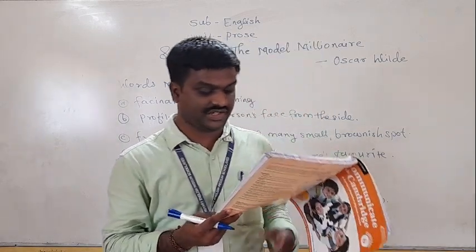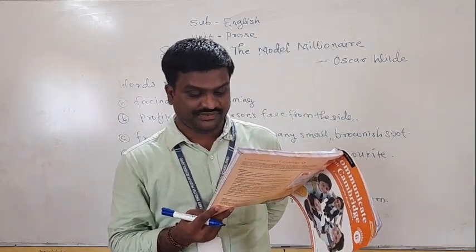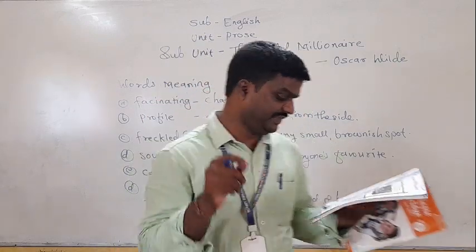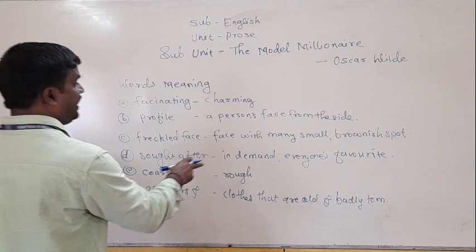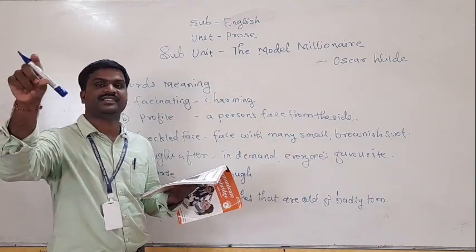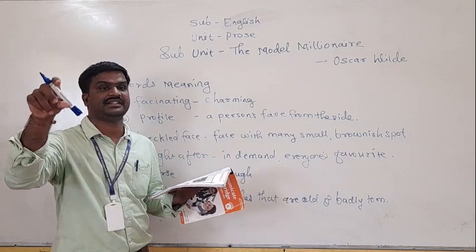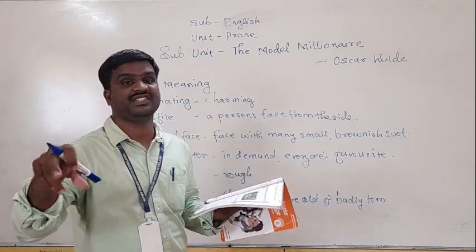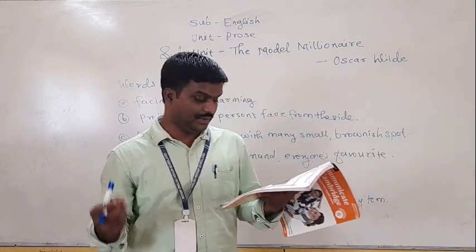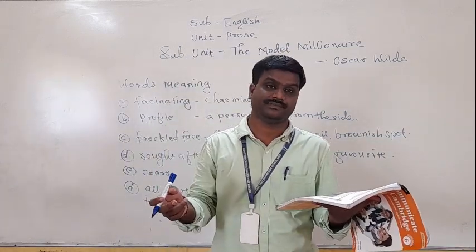He was a strange, rough fellow with a freckled face. What is meant by freckled face? Face with many small brownish spots. See, his physical appearance has been given here. The writer has given the description of his physical nature, how he was looking.